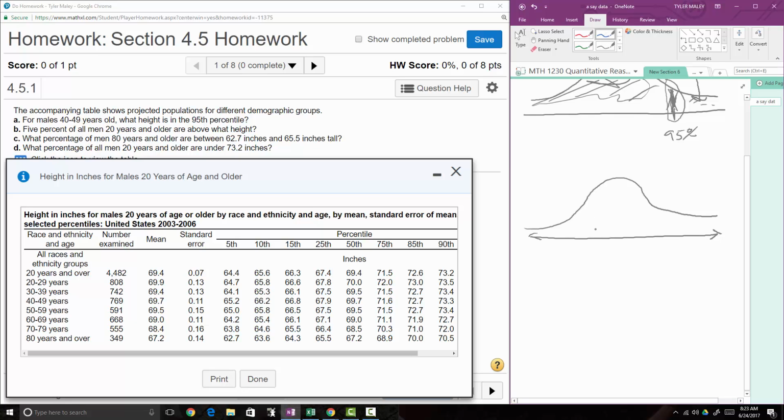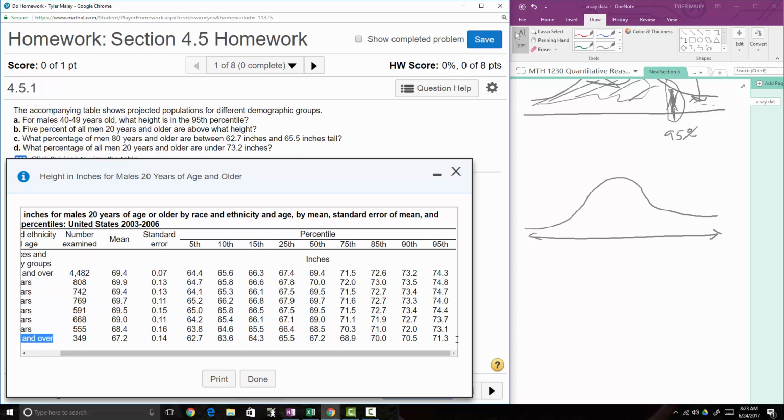We're dealing with the age group 80 years and older, so that's key when we're looking through this table. I know some students have made mistakes looking at the wrong row, so that's where I would always start. Then we want to know the percentage in between 62.7 and 65.5 inches.